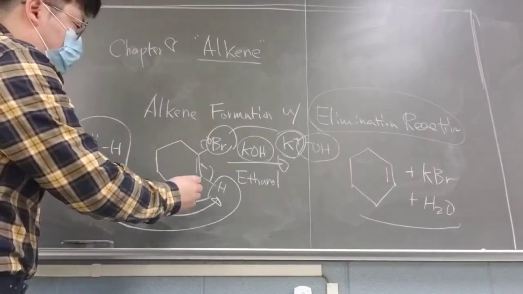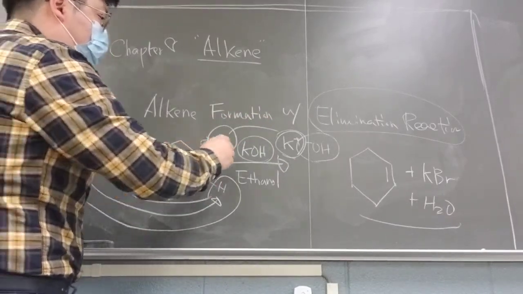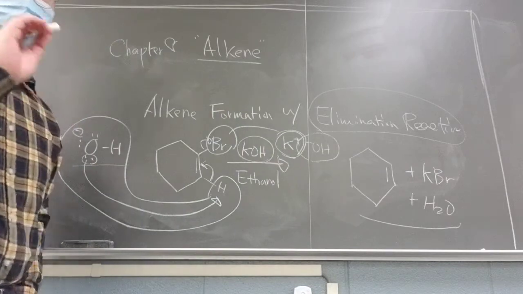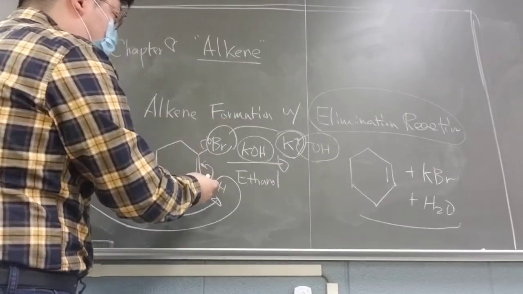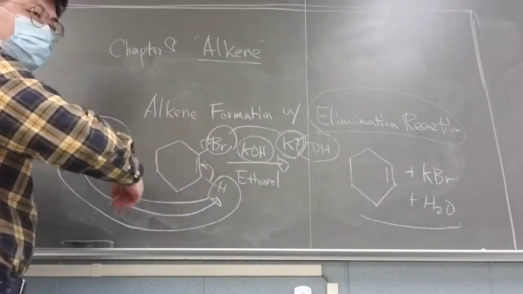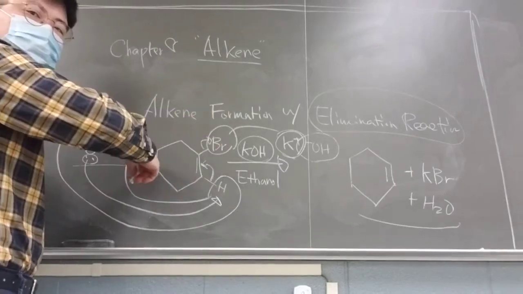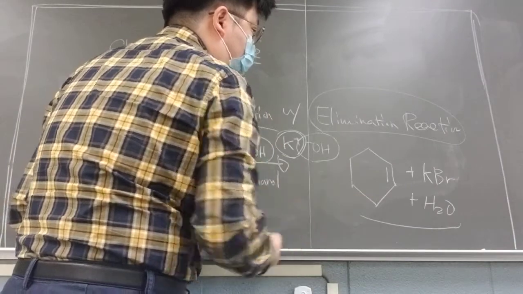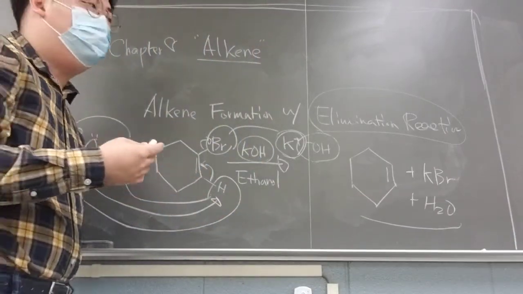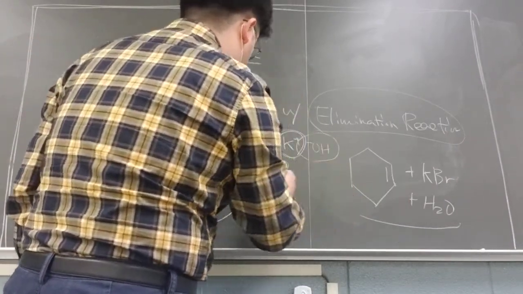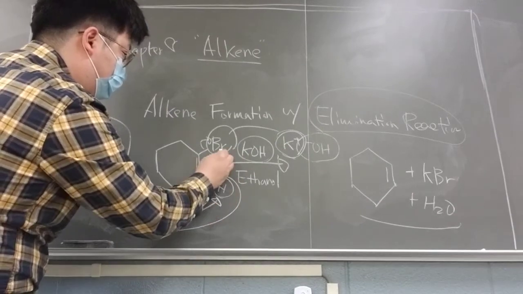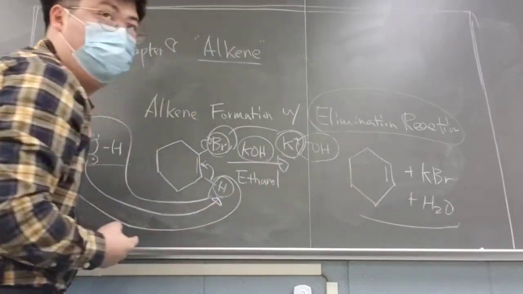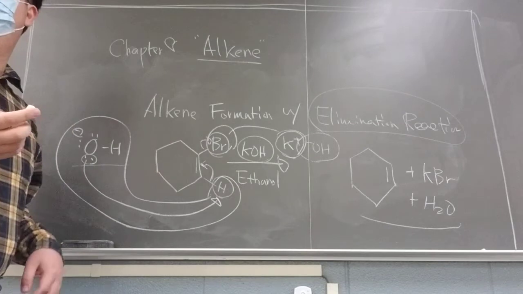I show you this will move here, here, and here, but you don't have to know. The only thing you have to know is if there's a halide on the cyclohexane with a strong base, it can undergo dehydrohalogenation, meaning it removes these two to make an alkene. That's all you need to know.